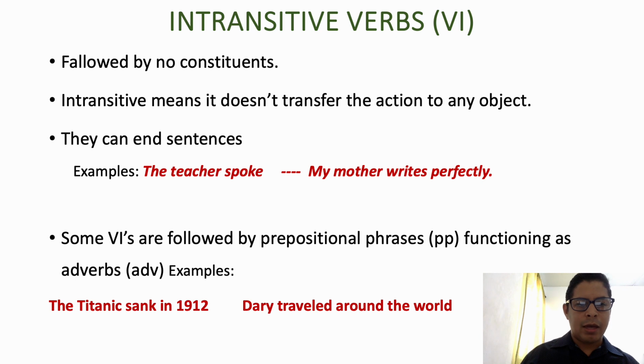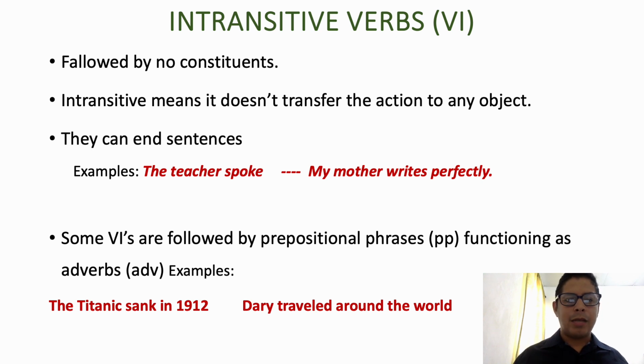So in here, we can see that if we have the Titanic sank, it makes sense. Daddy traveled, that also makes sense. But we are adding the prepositional phrases in 1912 and around the world.